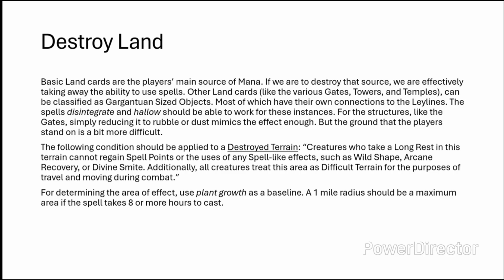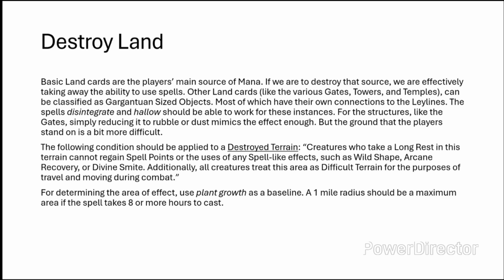So, while in this destroyed terrain, you don't have access to it. You do not gain the benefits of your long rest for the purposes of spells and spell-like abilities. But once you leave the terrain, you're fine. And that is where we have a small problem.